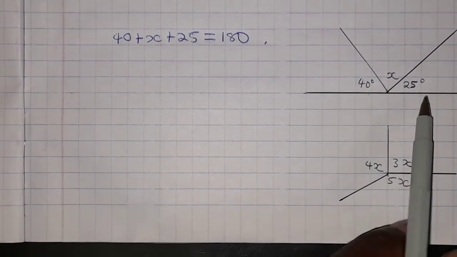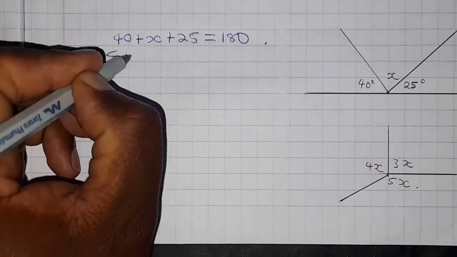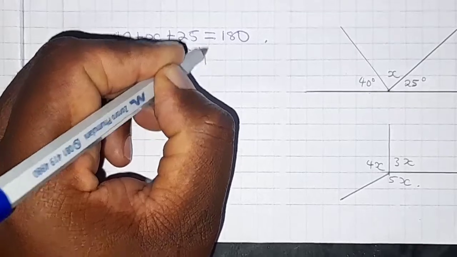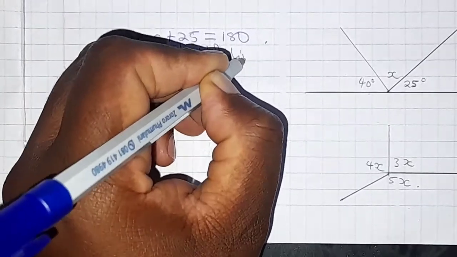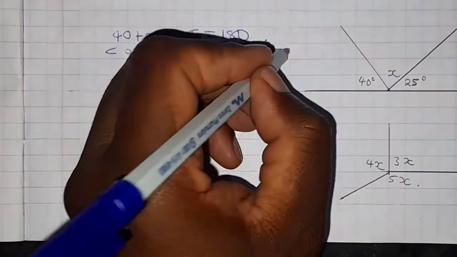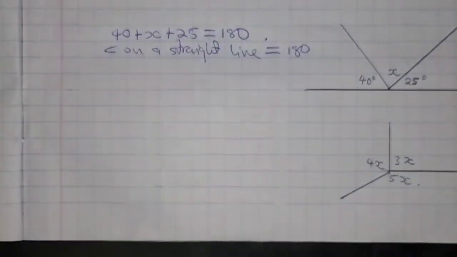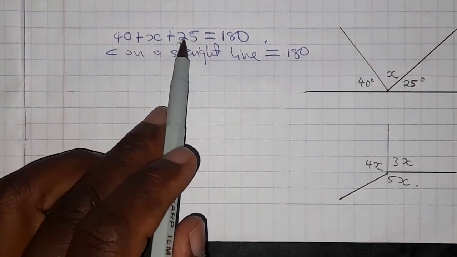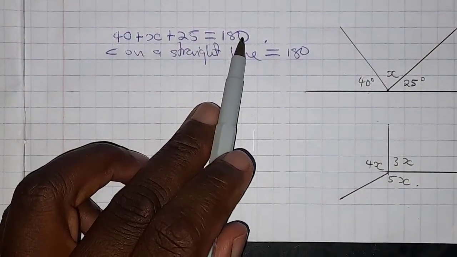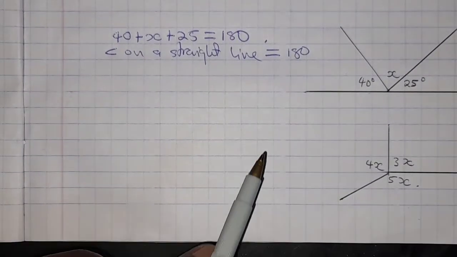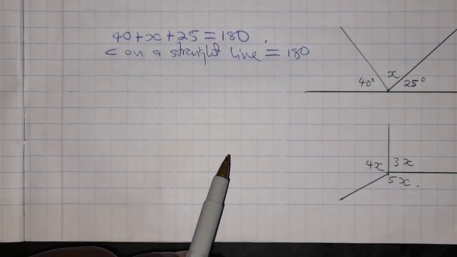So these are angles on a straight line. We said they are equal to 180 when you add them, right? So 40 plus x plus 25 is equal to 180. The reason why we say so, angles on a straight line add up to 180 degrees.